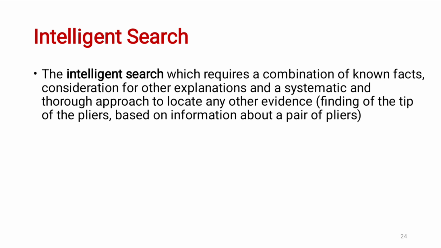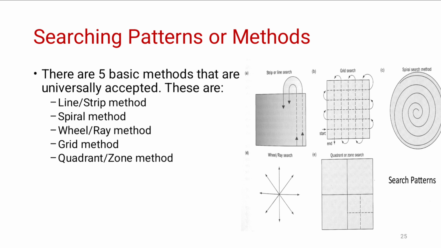Then intelligent search requires a combination of known facts, considerations for other explanations, and a systematic and thorough approach to locate any other evidence, such as finding the tip of pliers based on information about a pair of pliers.